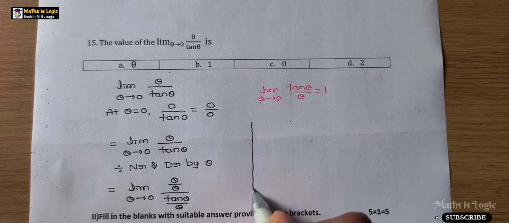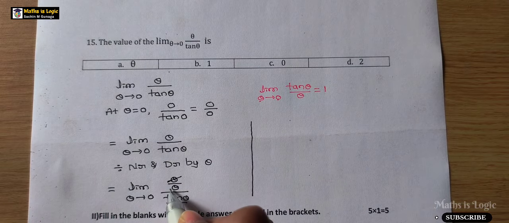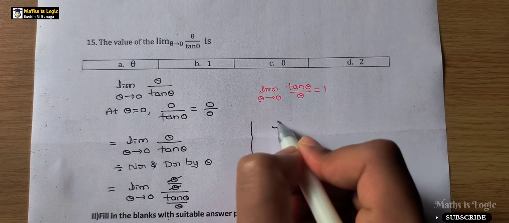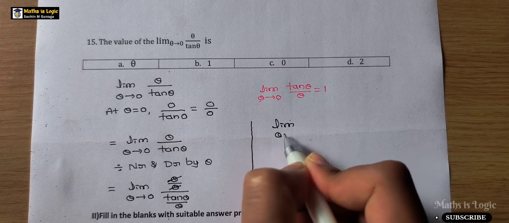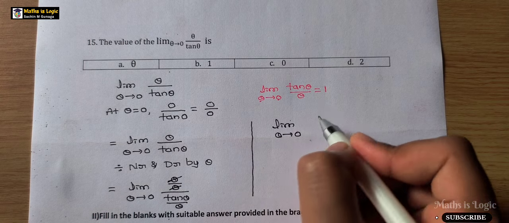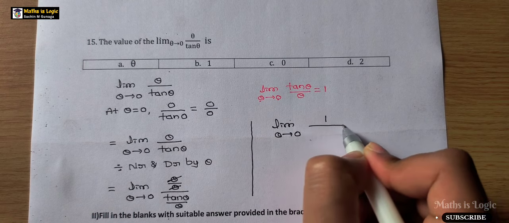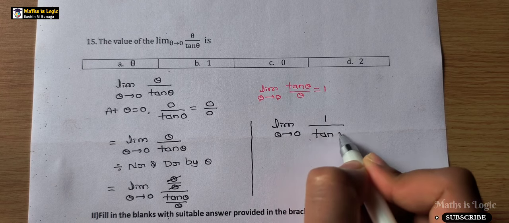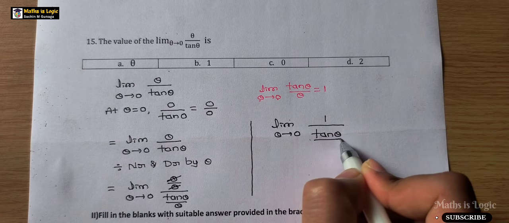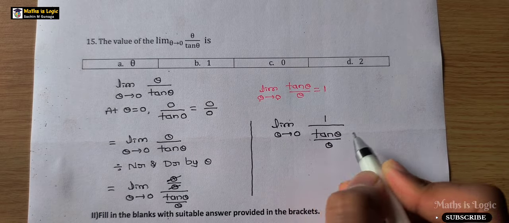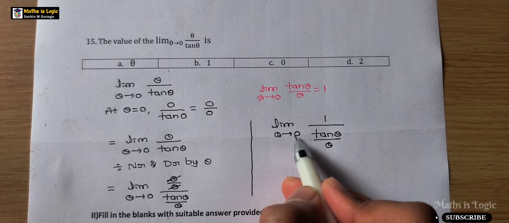Next, this theta and theta get cancelled. So what is the remaining value? Limit theta approaches 0, in the numerator the remaining value is 1, divided by the denominator, keep it as it is, that is tan theta divided by theta. Next, apply limit theta tends to 0.